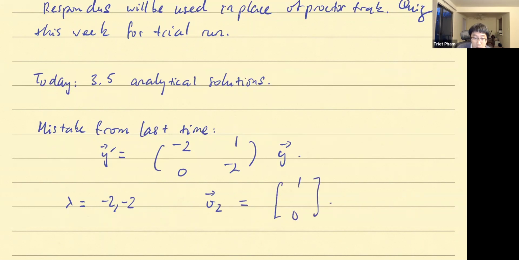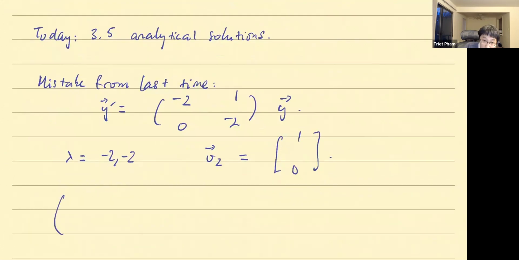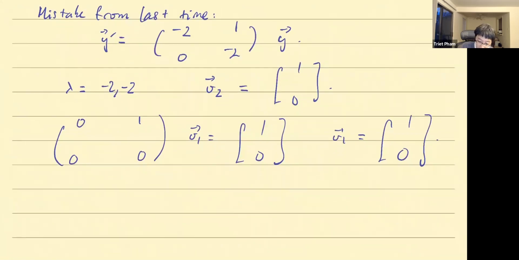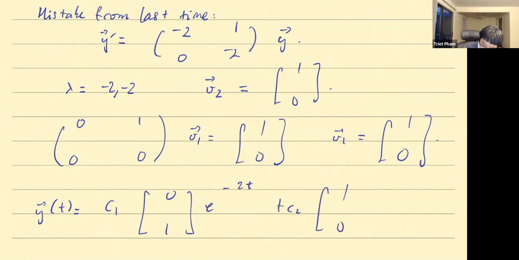And so when we solve for the pseudo eigenvector, we got the pseudo eigenvector to be (0, 1). And so I wrote the solution as C1 times this plus C2 times this.